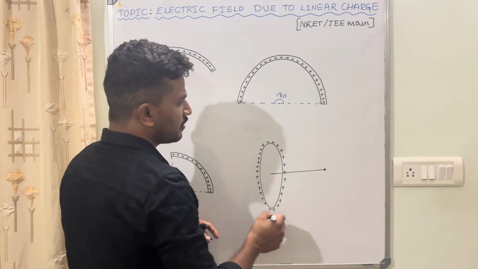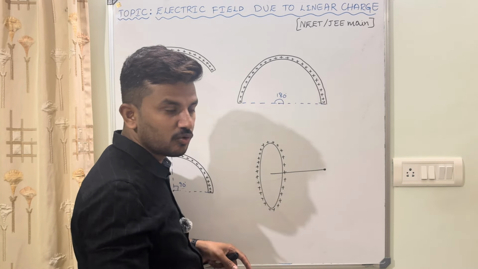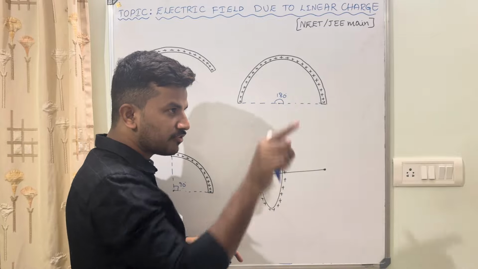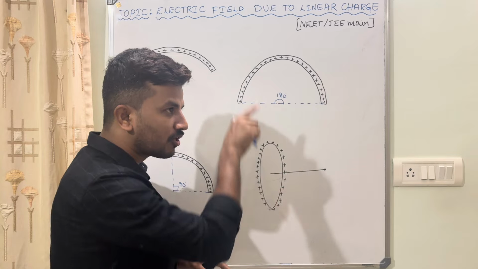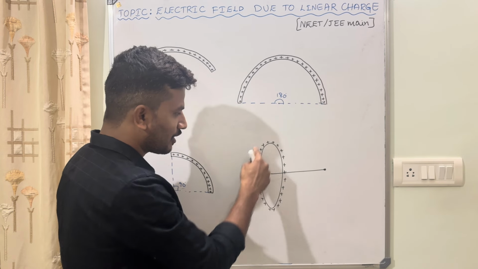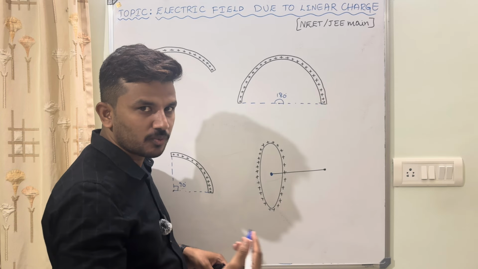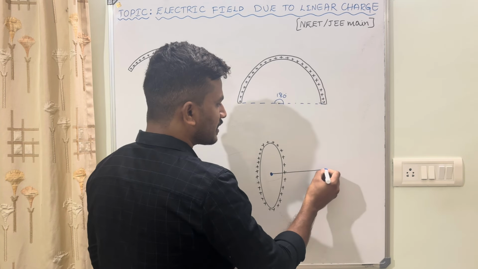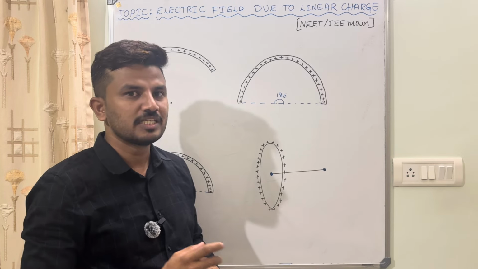And the electric field due to a complete circular loop, I have just tilted it so that we can draw it. This is a circle. So what is the electric field at its center, and what is the value along the axis? I am going to answer these questions today.